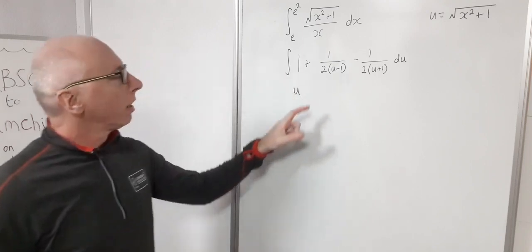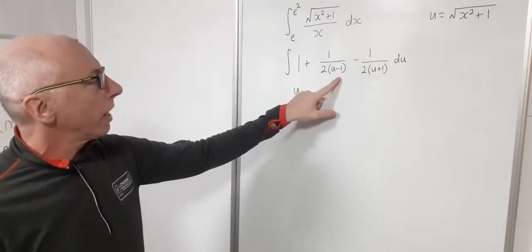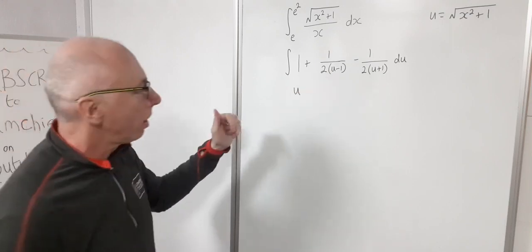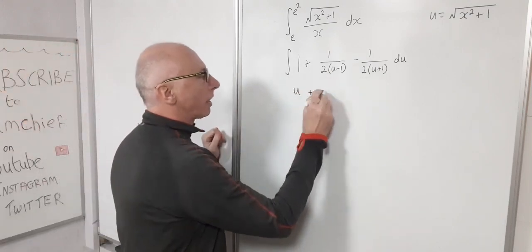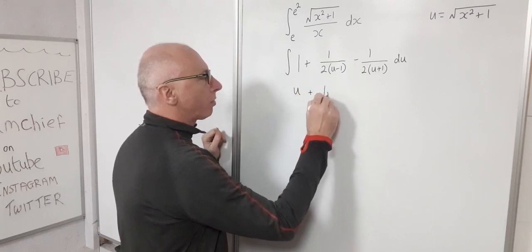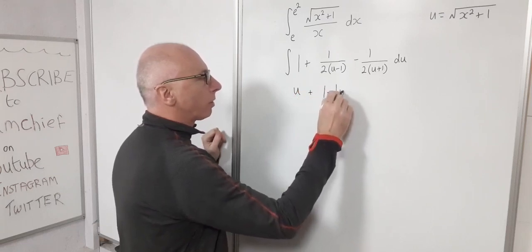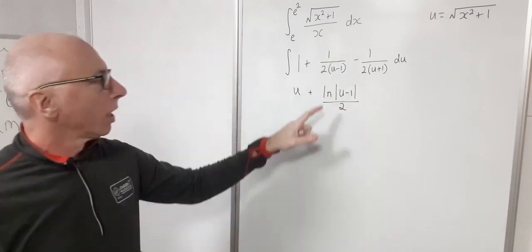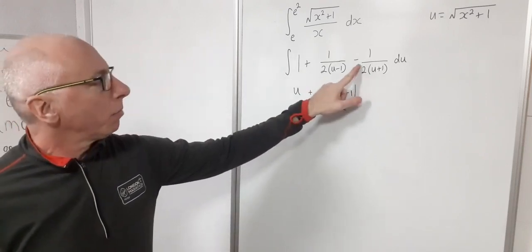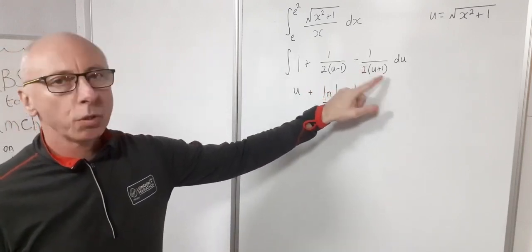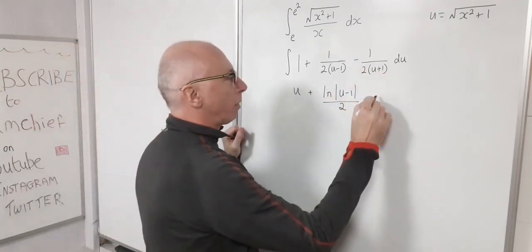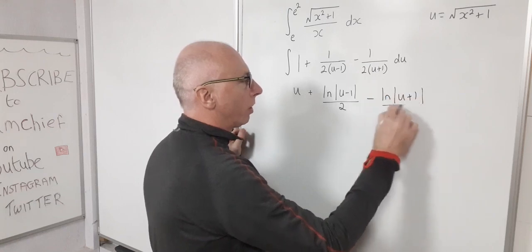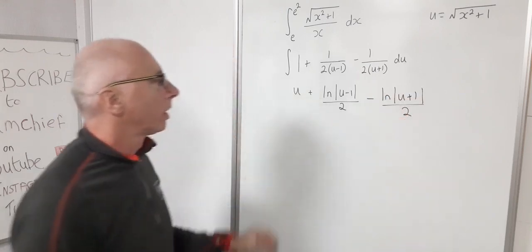This one will give me natural logarithm of u minus 1 multiplied by a half, so I'm going to write that as natural log absolute value of u minus 1, over 2. And then this one, I've got minus a half of natural log of u plus 1, so minus natural log of u plus 1, over 2.